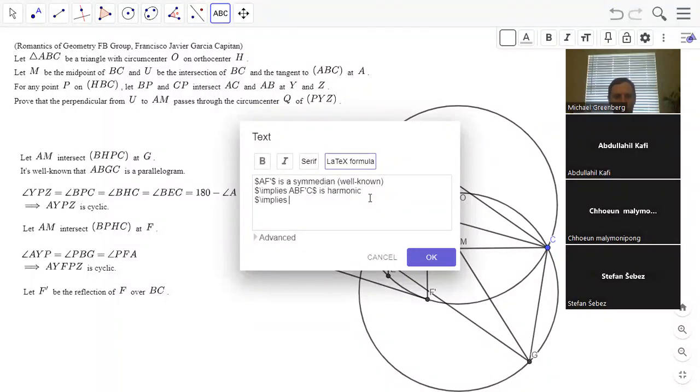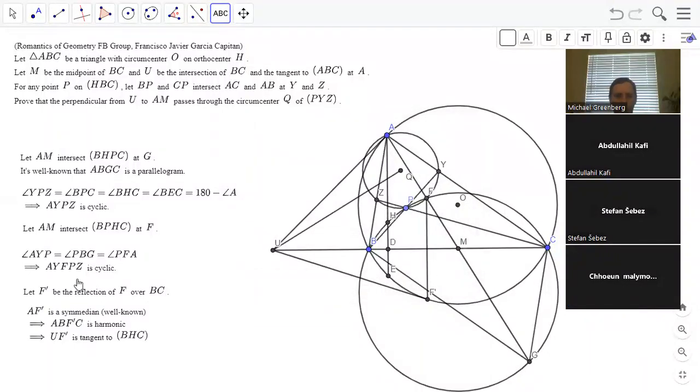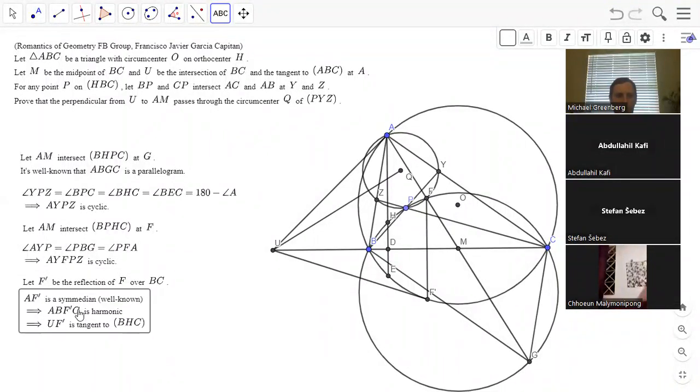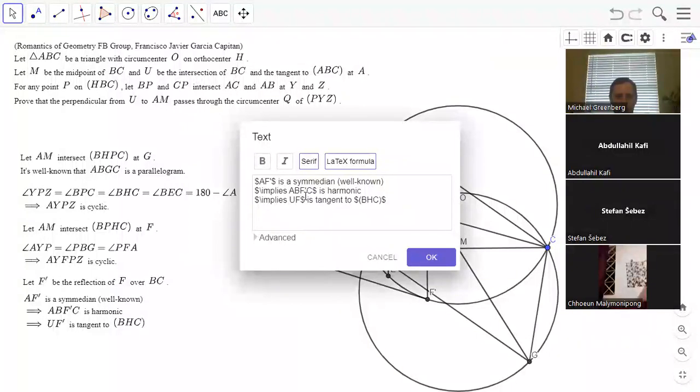So ABF prime C is harmonic. And that means that UF prime is tangent to BHC, and then reflecting over BC, UF prime is tangent to ABC.